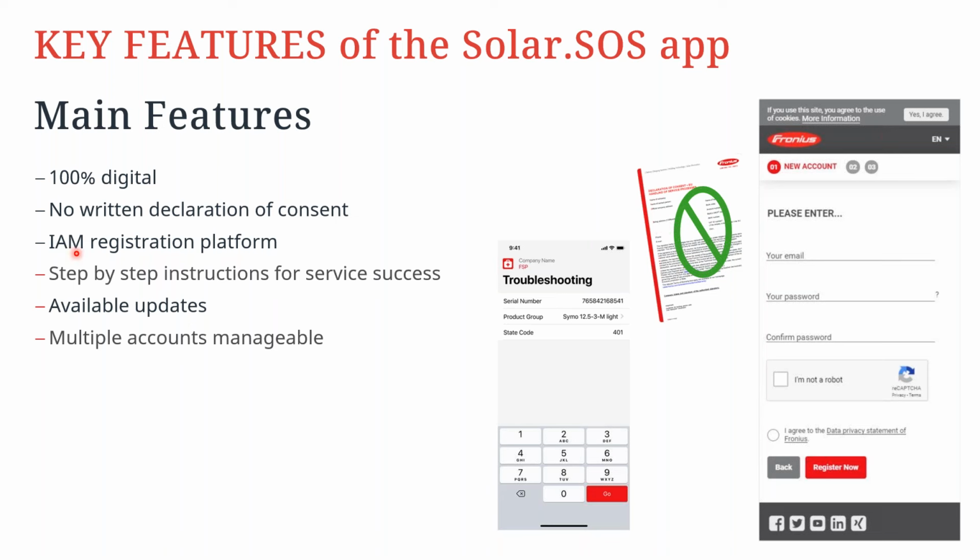The same login credentials you have in the other Fronius apps can be used for any other Fronius app, as in this case of Solar.SOS. There you can have access to step-by-step instruction processes for servicing success. Good.